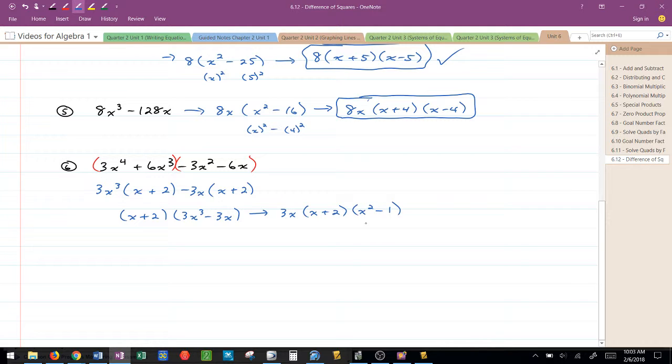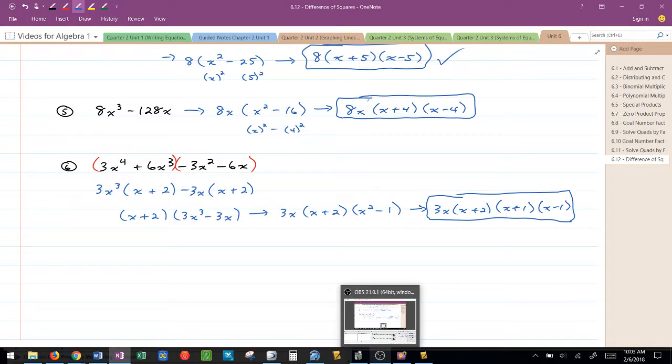X squared minus 1 can still be factored. Remember, I'm looking anytime that we have powers greater than 1. So this is going to factor to 3x times x plus 2, and x squared minus 1 factors to x plus 1 times x minus 1. All right, this is the complete factorization. Hope this helps. Let me know if you have any questions.